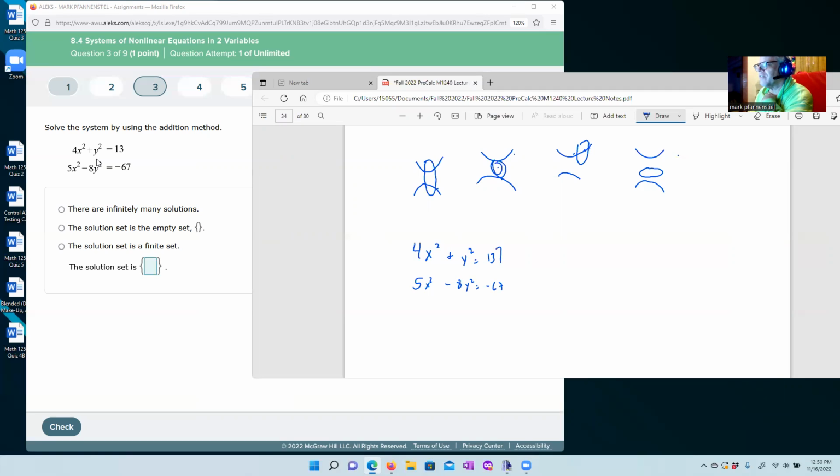Now here's what you have to notice on this one. If I multiply this top equation by 8, what's going to happen when I add them together is that these y squared terms are going to drop out. That's kind of what we want. So we have 8 times 4 is 32, x squared plus 8y squared equals 8 times 13. That's going to be 80 plus 24, so 104.